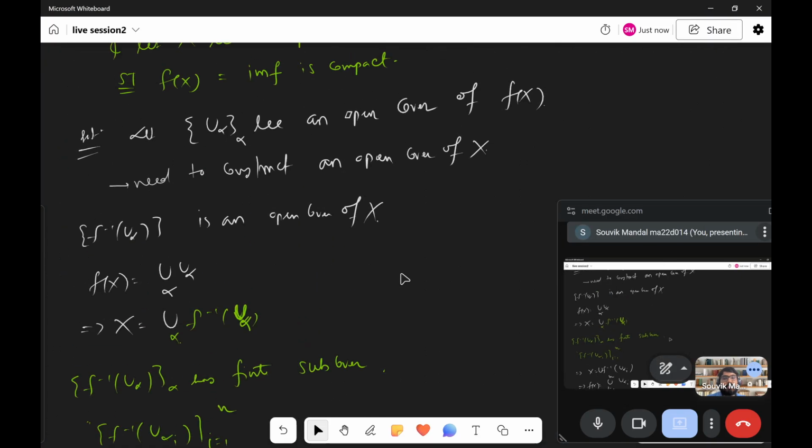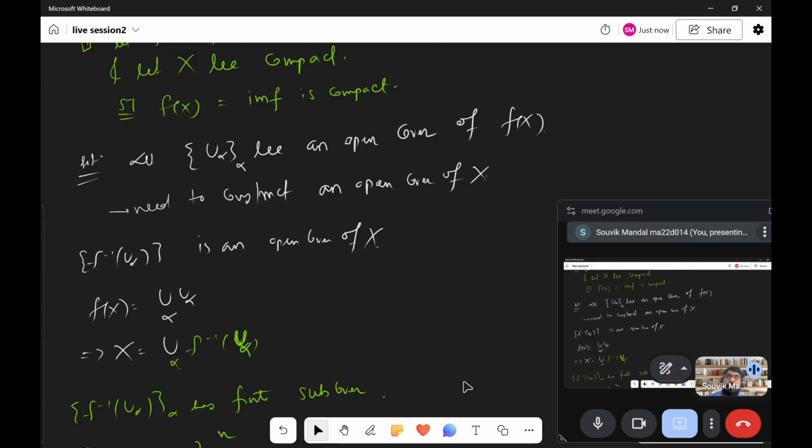We start with an open cover of f(X), and from that open cover we come up with a subcover of f(X), and the rest follows automatically because X is given to be compact, right? So that's the argument.